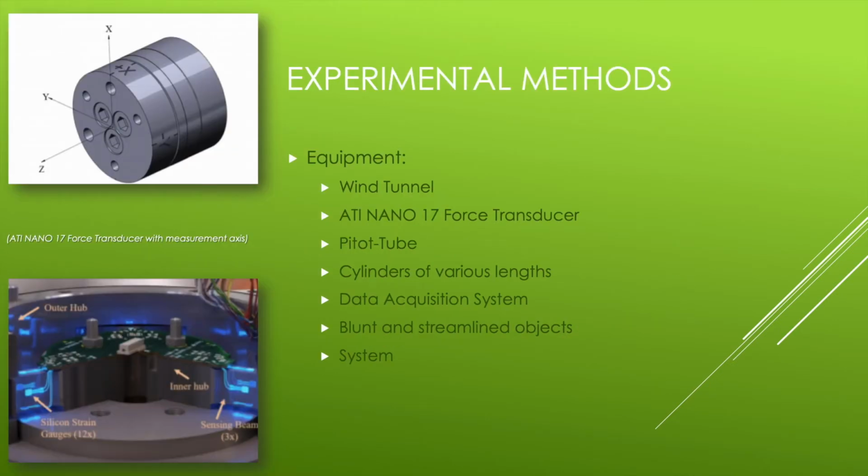The equipment that was used for this experiment includes the wind tunnel, which is where the objects were placed in the test section. It also included the ATI Nano 17 force transducer, which measured 2 axial forces, 2 normal forces, and 3 corresponding moments: the roll, yaw, and pitching moment.